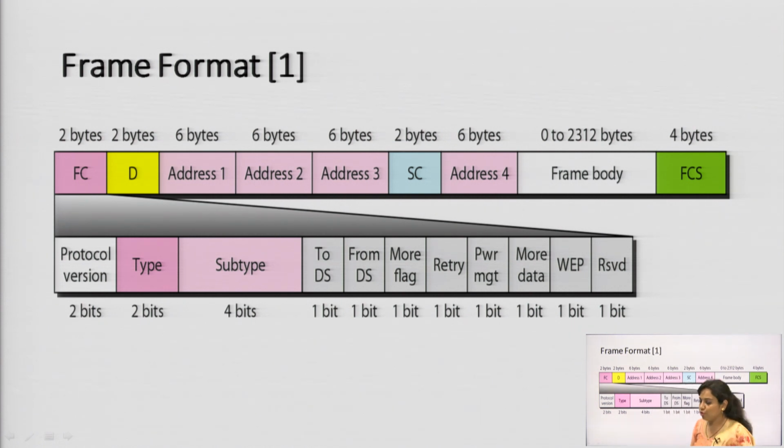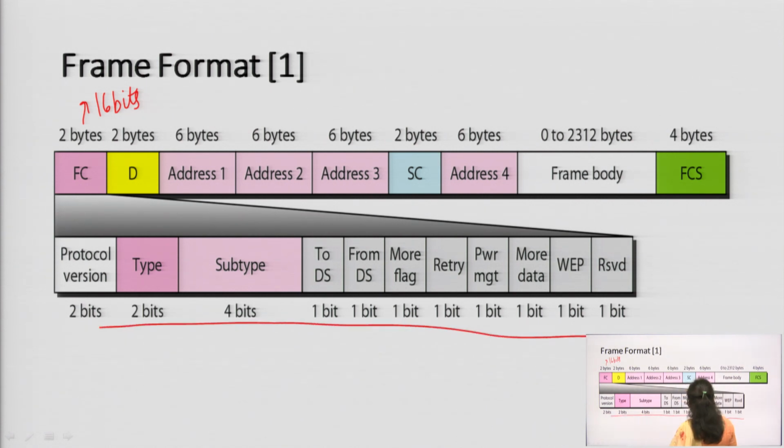Now, next we will move to the frame format that has been considered for this MAC layer operation. In this frame format, as you can see, there are different fields. This first field is 2 bytes, which means 16 bits of information, as 1 byte is equal to 8 bits. These 16 bits are divided into sets of information.